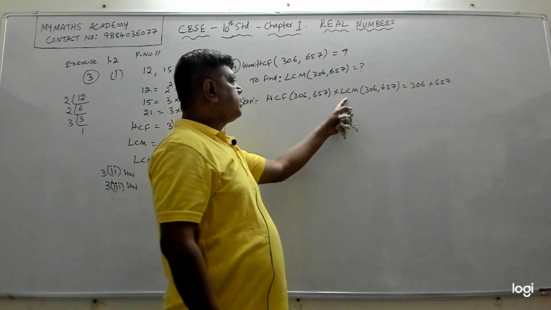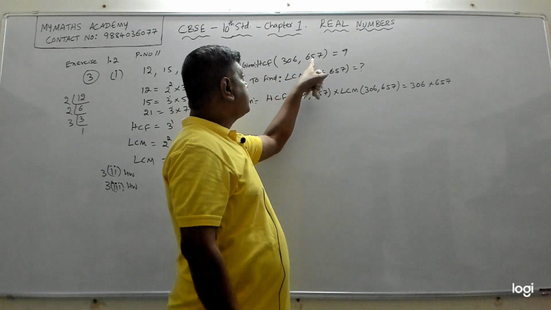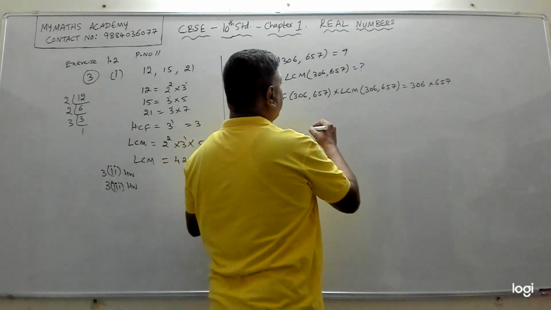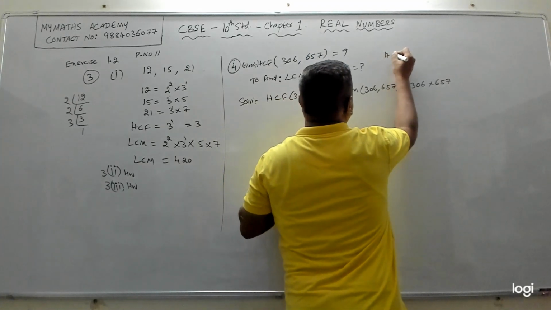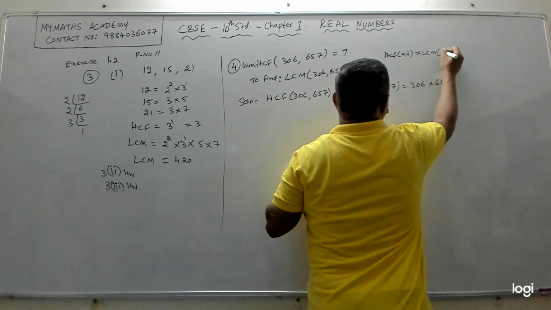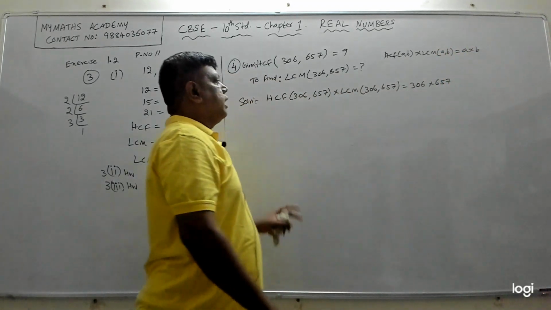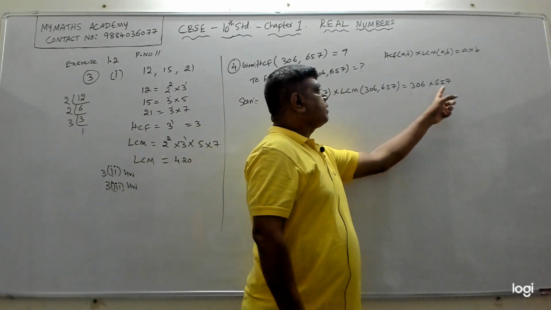LCM into HCF will be equal to A into B. Here A is 306, B is 657. The actual formula is HCF of A, B into LCM of A, B is equal to A into B. Right? So here A is 306 and B is 657.